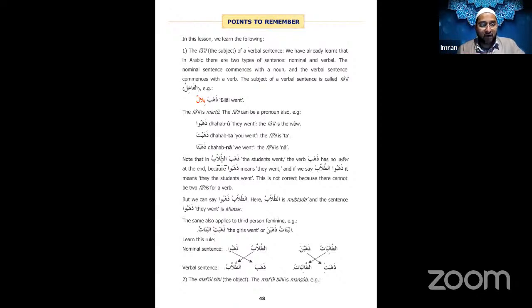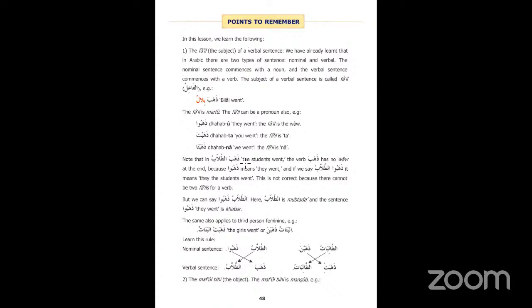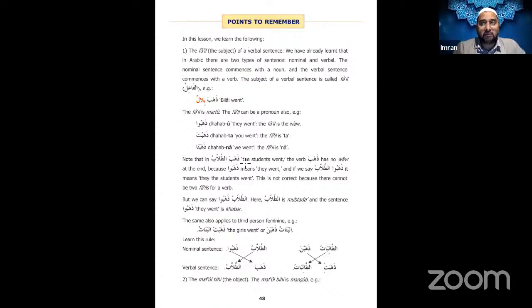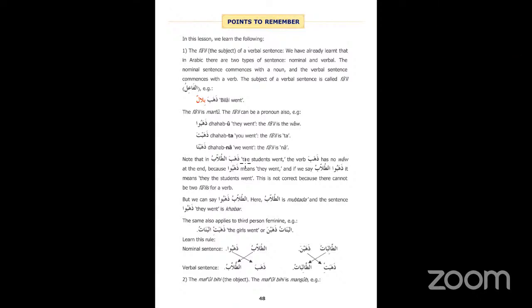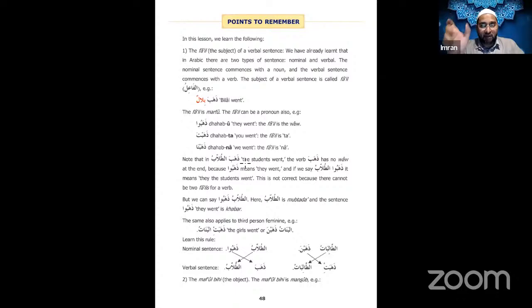However, if at-tullabu came in the beginning of the sentence, then in lesson book 2, we spoke about this as well. Because at-tullab, is it singular? No, it's plural, correct? So because it's plural and it's a noun, it becomes the subject. So whenever a noun starts a sentence, it becomes a subject, and the khabar will be a verbal sentence now.